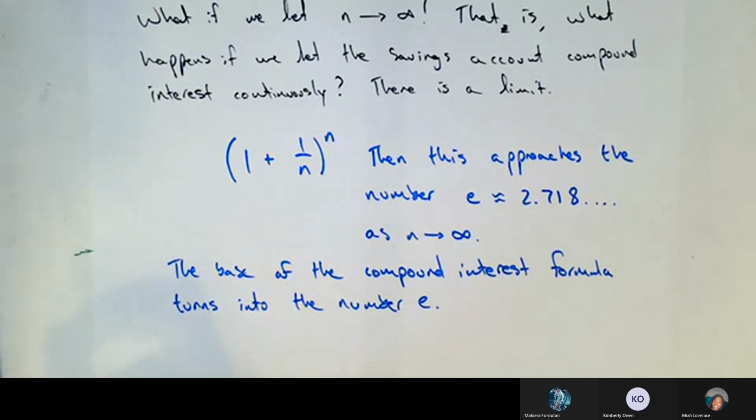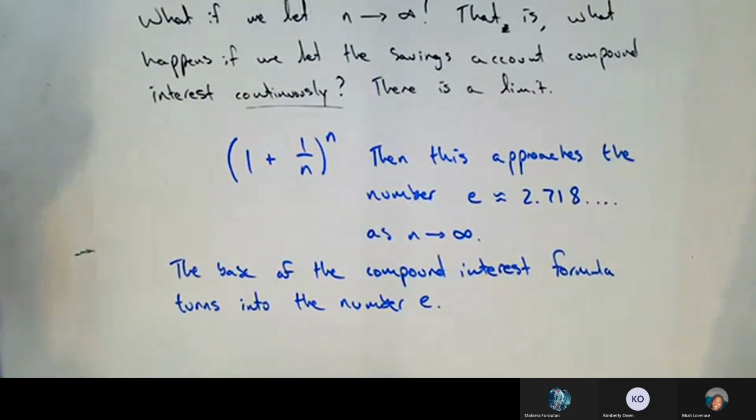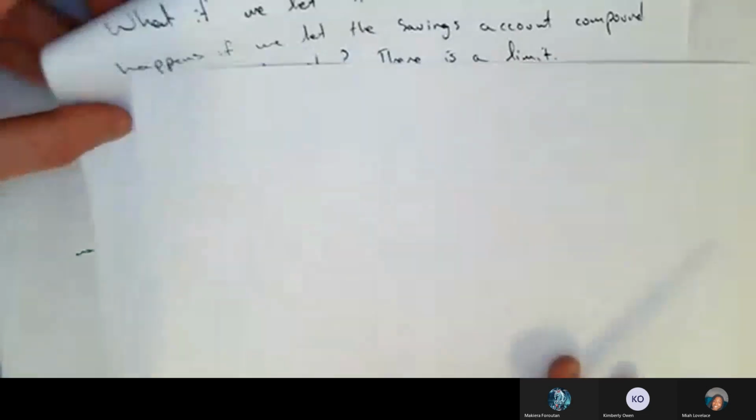And there's some algebra that I'm kind of brushing under the table here because I don't want to get into it in detail, but what I'm building to here is a new formula for continuously compounded interest. And here it comes.